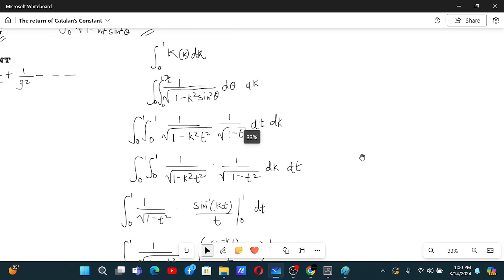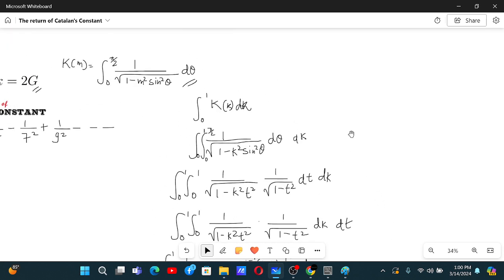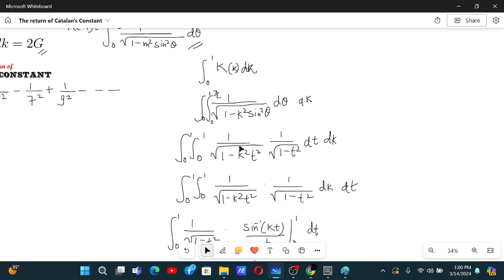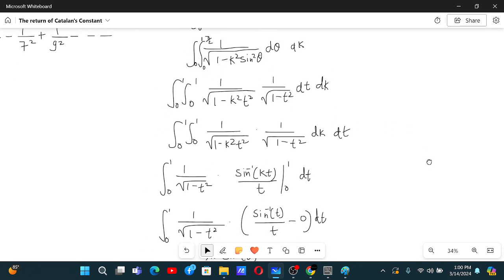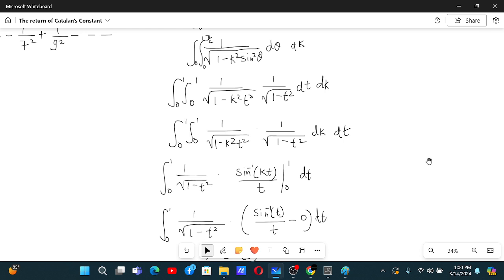To talk about the flow of the problem, we first invoked the definition of the complete elliptic integral of the first kind and made this substitution. Why did we make the substitution? Is there any reason why I made the substitution?